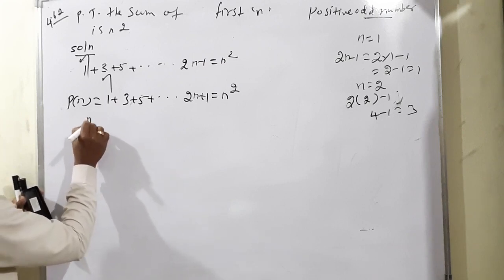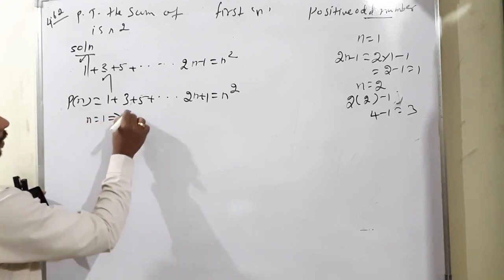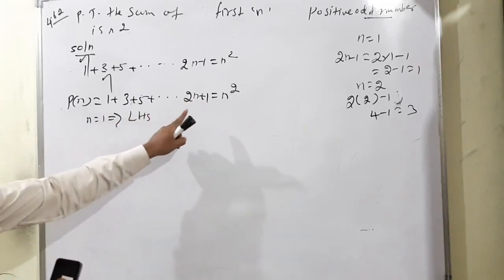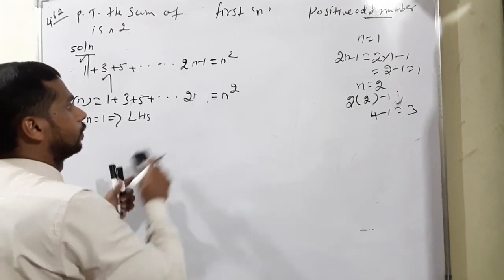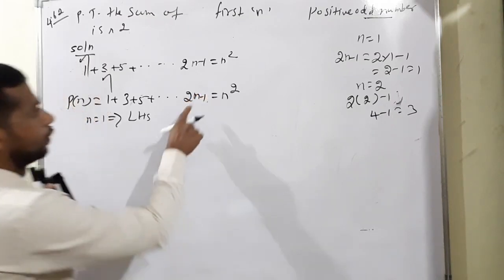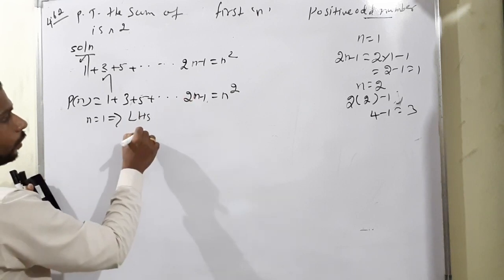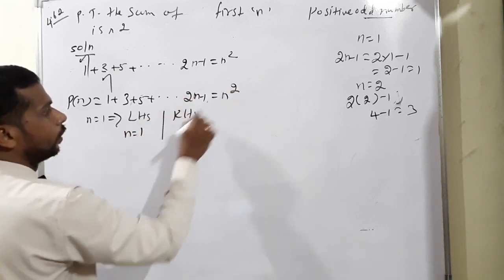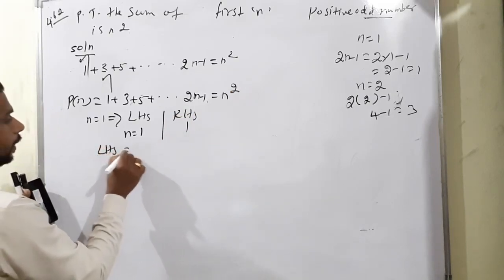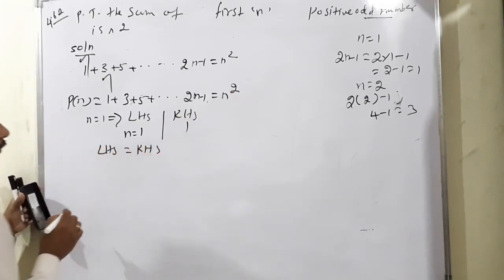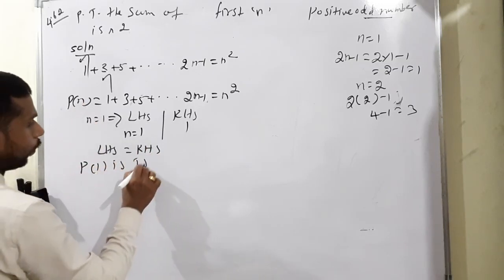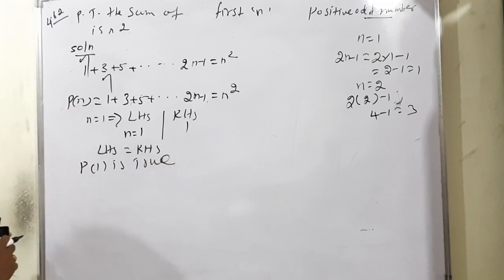If n is equal to 1, then 2n minus 1 is 2 into 1, 2, minus 1 is equal to 1. So LHS for n is equal to 1 will be 1. Then RHS is 1 square, which is 1. Therefore, LHS is equal to RHS, so we can say P of 1 is true. Okay.